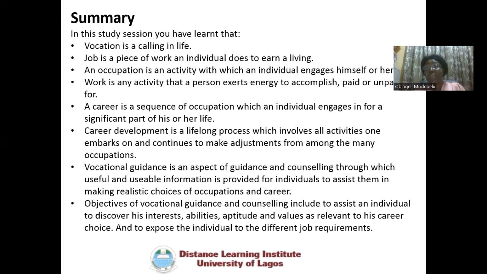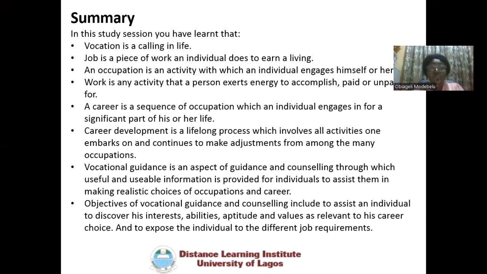For example, me, if you ask me now, I'll tell you I'm a teacher. Because right from my first job, I've been a teacher. I've taught across all the levels of education. So I can actually say I am a teacher. So I've taught at different levels and I'm rising by God's grace to the peak of it. Then career development is a lifelong process. It's not something you do once and you stop.